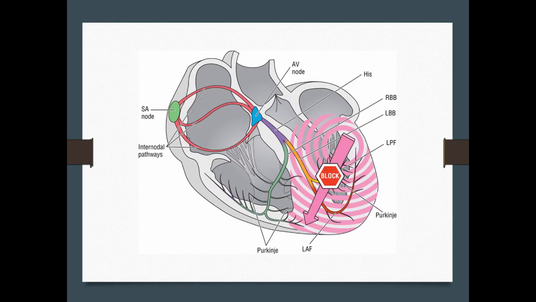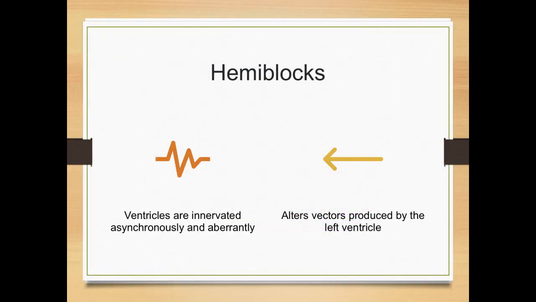Similarly, if I block off my posterior fascicle, it creates a different direction for my electricity. This little road is blocked off, so I have to go a different direction. So we're going to focus on direction.